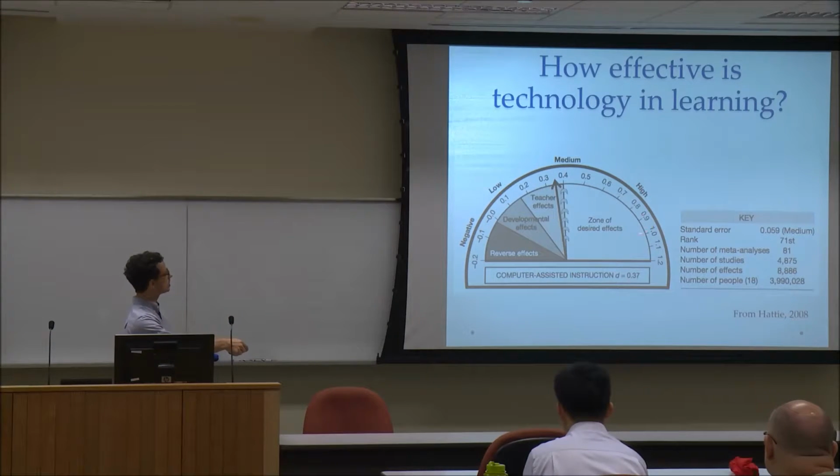This is up to 1 standard deviation, and that's nothing. If you're going to critique him, you'll critique him for where he draws these lines. But if you look at the ranking in terms of overall effects, computer-assisted instruction is not super effective in general. And that's drawing from almost 4 million students.